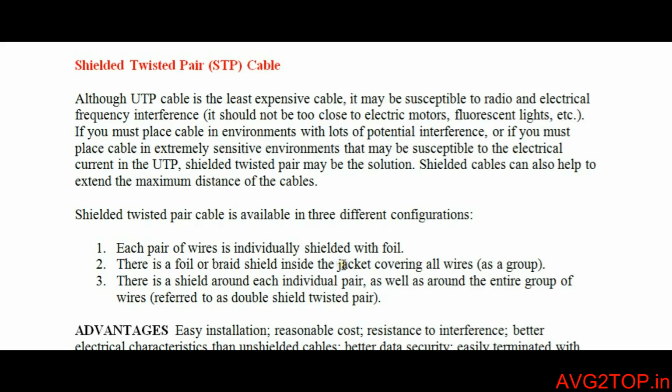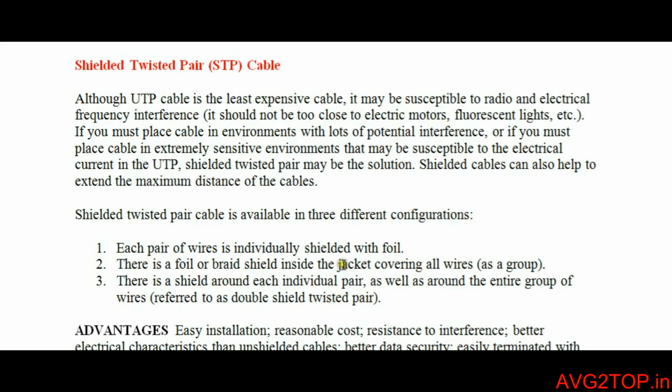One is an individual foil on each of the four pairs. The second is one common foil circulated on top of all four twisted pairs together.